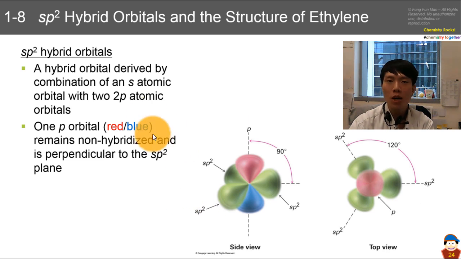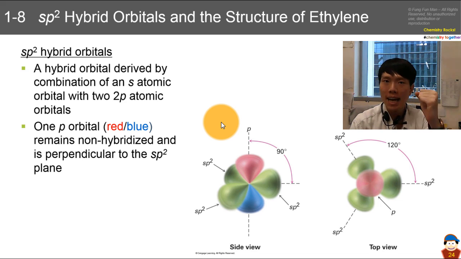For the sp2 hybrid orbital, as you have known by now, this comes from the mixing of one s orbital and two p orbitals. Put them together, use a blender, mix them, giving the same energy, same shape, and the distance and the angle between these three hybridized orbitals are exactly identical.